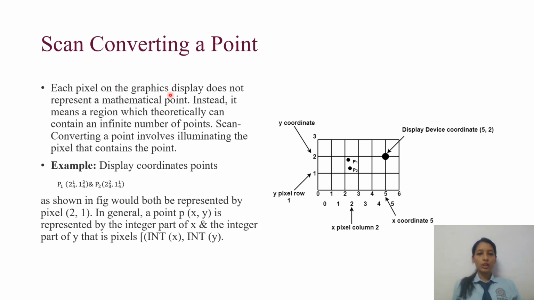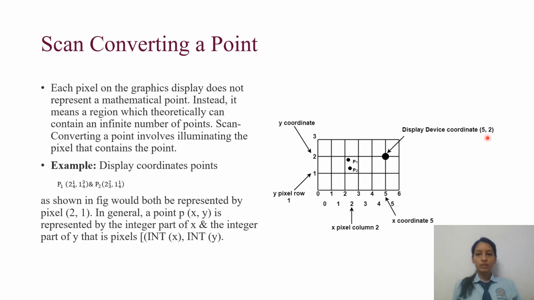Each pixel on a graphics display does not represent a mathematical point. Instead, it means a region which theoretically can contain an infinite number of points. Scan converting a point involves illuminating the pixel that contains the point. For example, display the coordinate points, point 1, point 2. These are the columns and these are the rows.